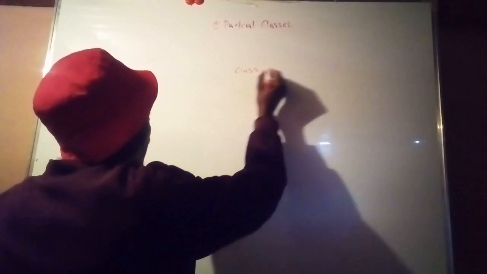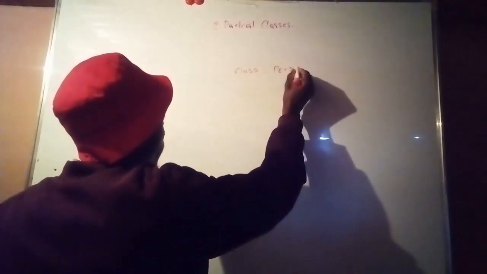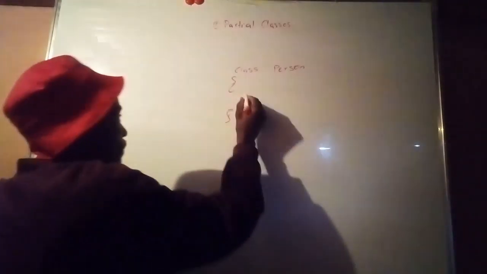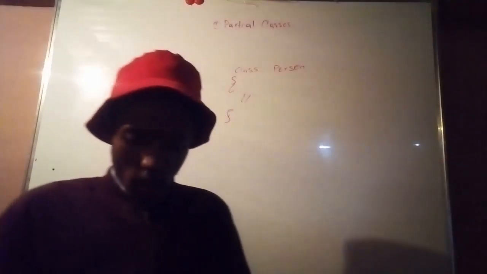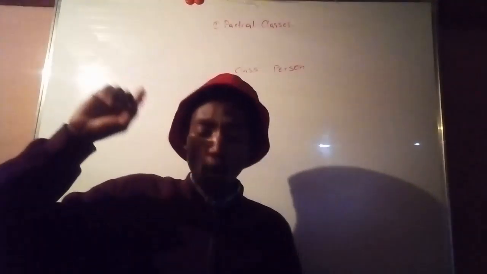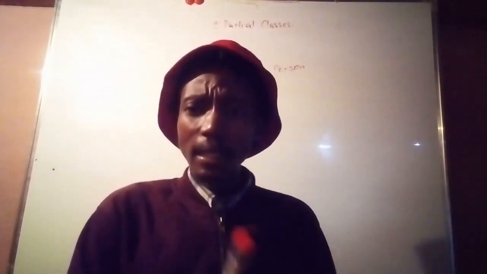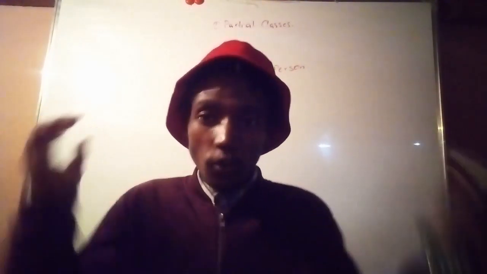We have a class called Person here. Now we add members into Person. We add member variables, we add methods, we add events, we add delegates, all these sorts of things.